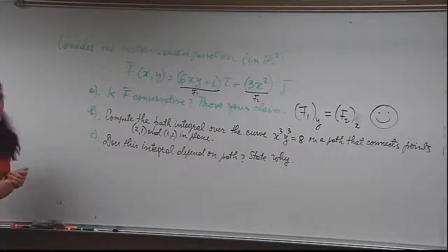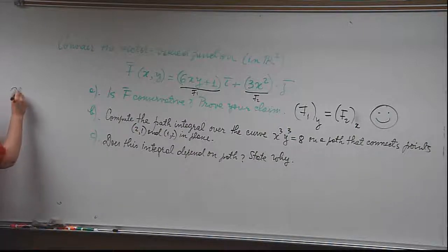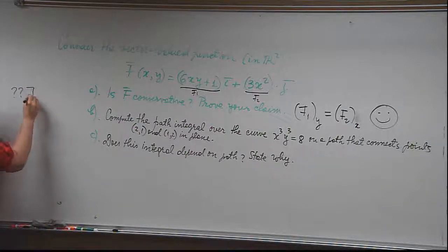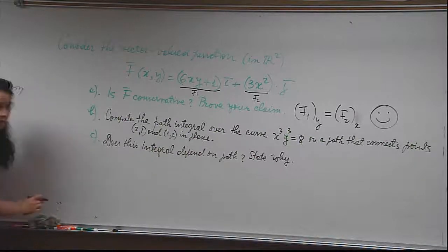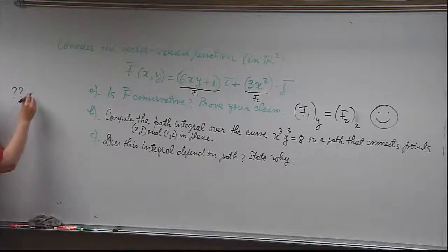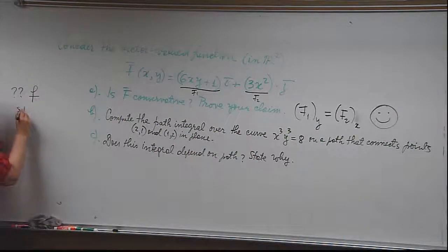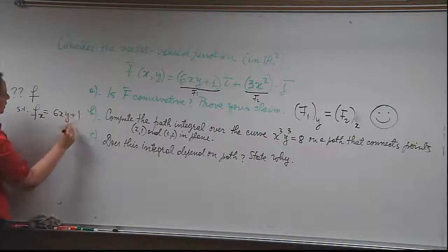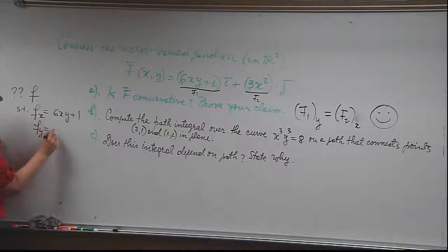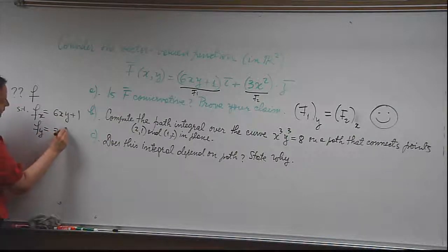If you don't manage to do that, what do you have to set up? You know the scalar potential exists, so you're not going to question its existence, but you don't know what it is. What is f such that f sub x will be 6xy plus 1, and f sub y will be 3x squared?